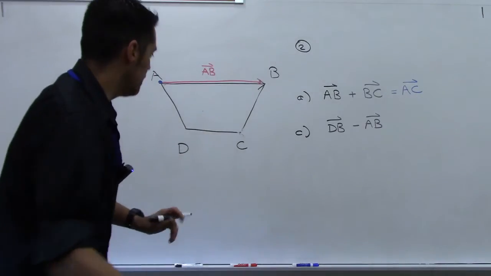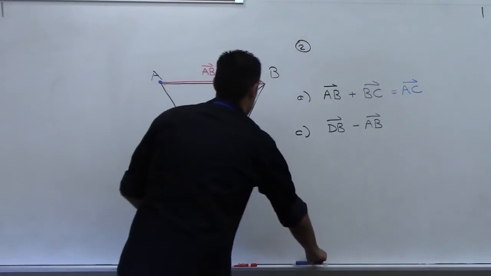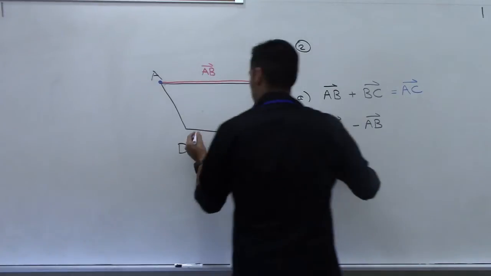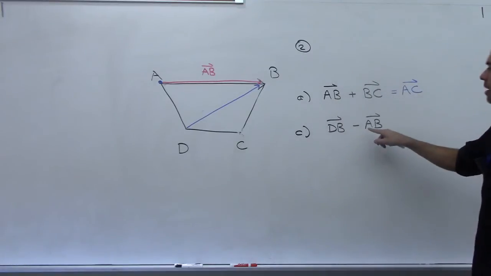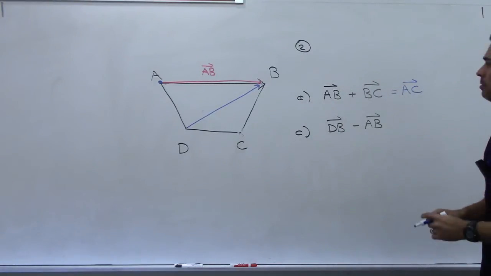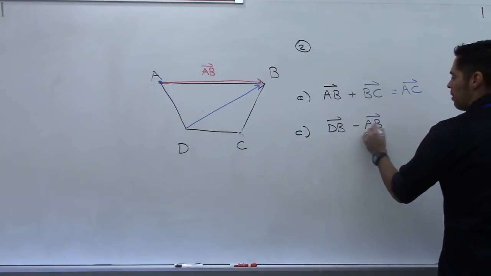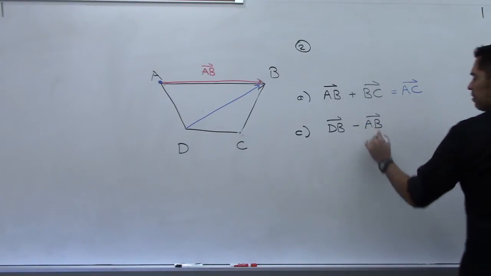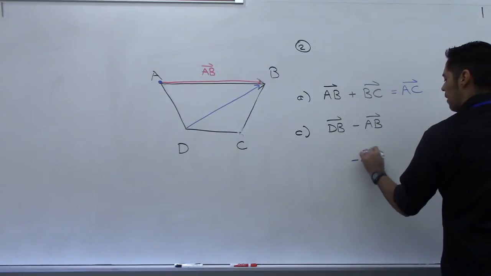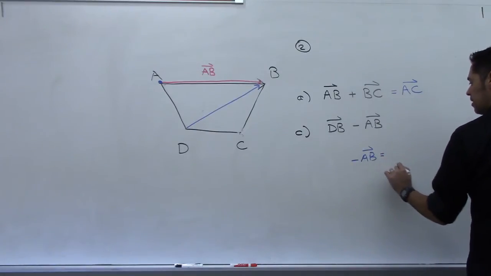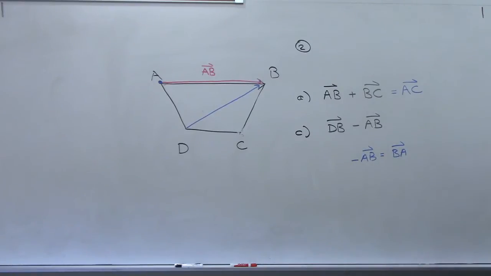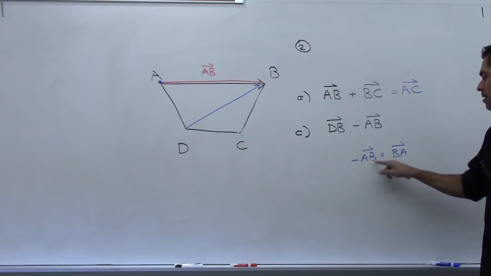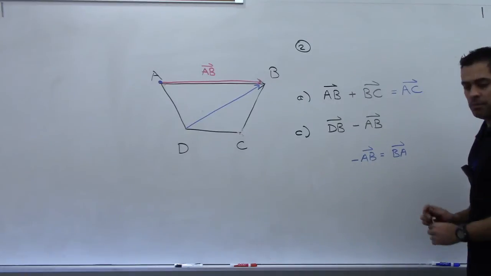The vector that goes from D to B, which is this one, subtract the vector that goes from A to B. So remember that when you subtract AB, that's the same as the vector B to A. It's the vector that's pointed in the opposite direction. Instead of going from A to B, you go from B to A. That's what it means to subtract it.